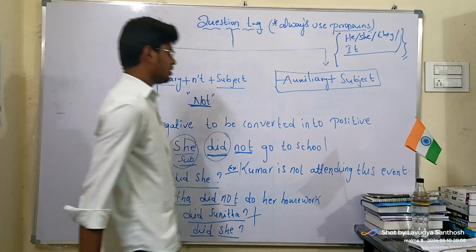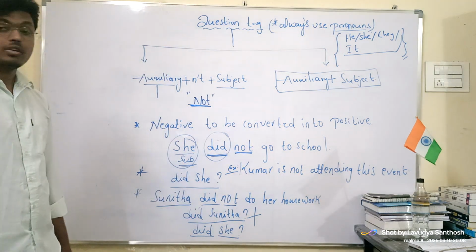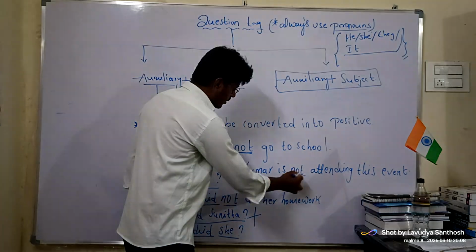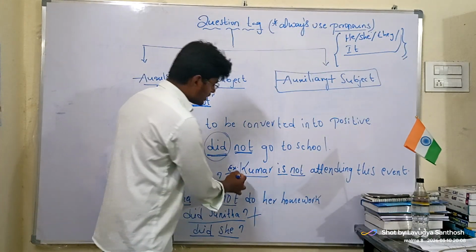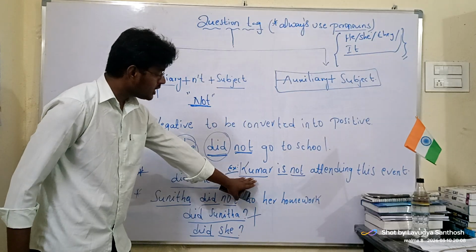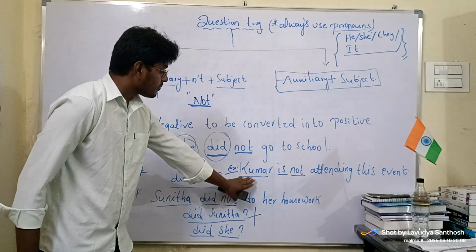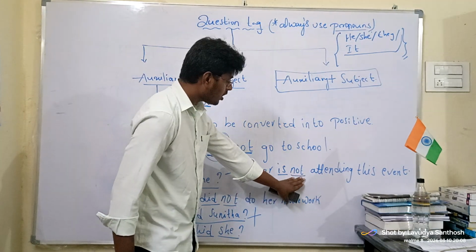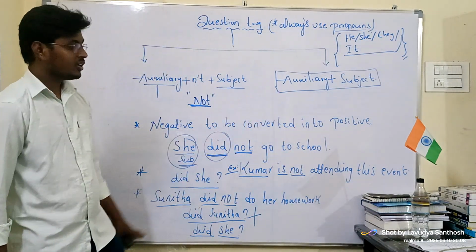This is our sentence. Not is there, is is there, Kumar is there. We understood that Kumar is the subject, and he is of male, masculine gender. Is is the auxiliary verb and not is the negative form of the sentence.